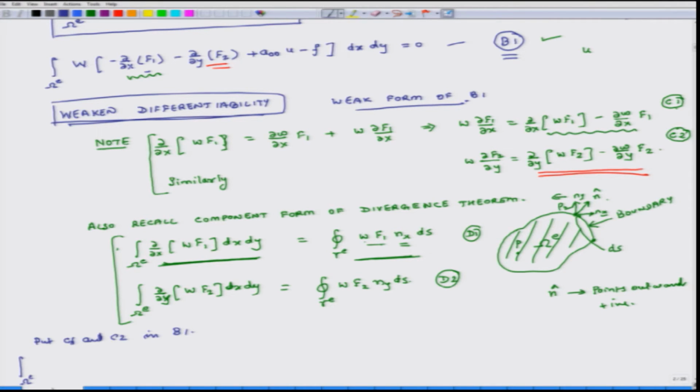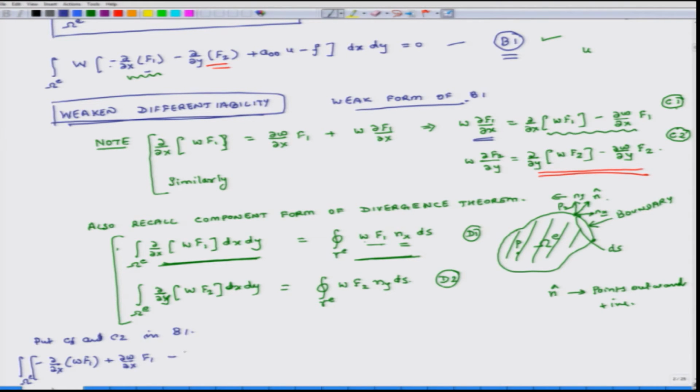So, W times del over del x of F1, this is this term. This gets replaced by this thing, and there is a negative sign here. So, I get minus del over del x of W F1 and then plus del W over del x times F1. So, I have put C1 in equation B1 and then I put equation C2 in equation B2.